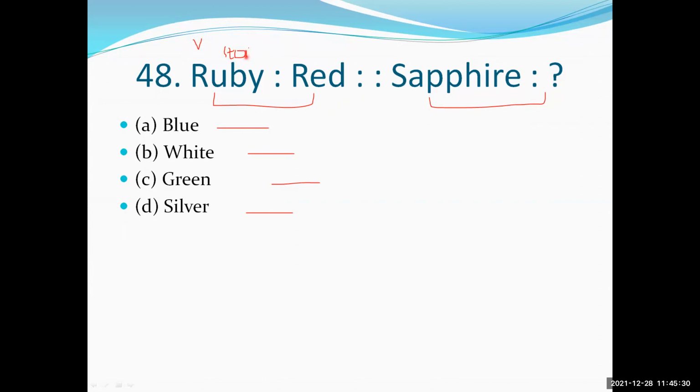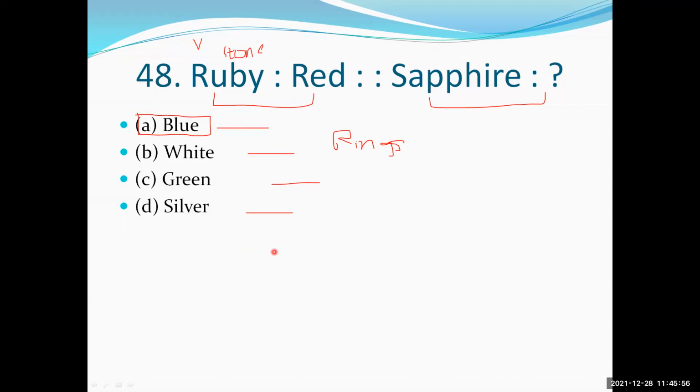Ruby, sapphire. People use these stones in rings. Usually in rings, there are other uses also, but you'll find them in rings. Okay, so ruby is of red color, so sapphire is of blue color. There are other stones also which are maybe green, and some other colors also.